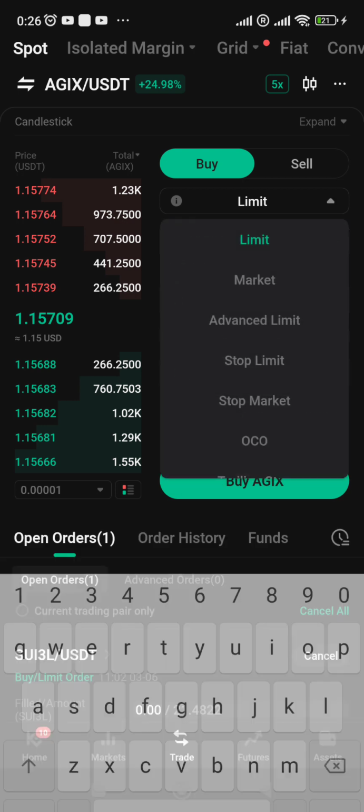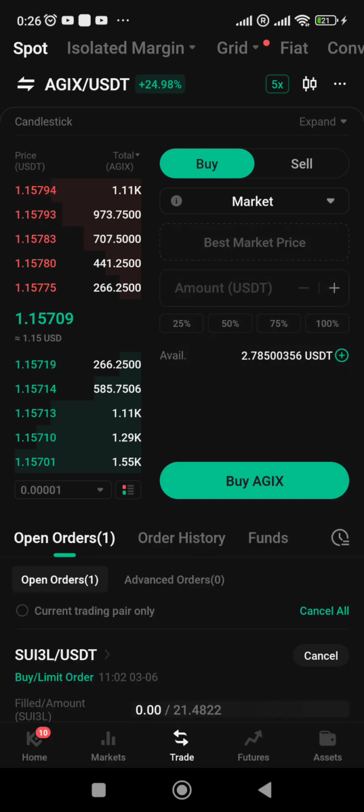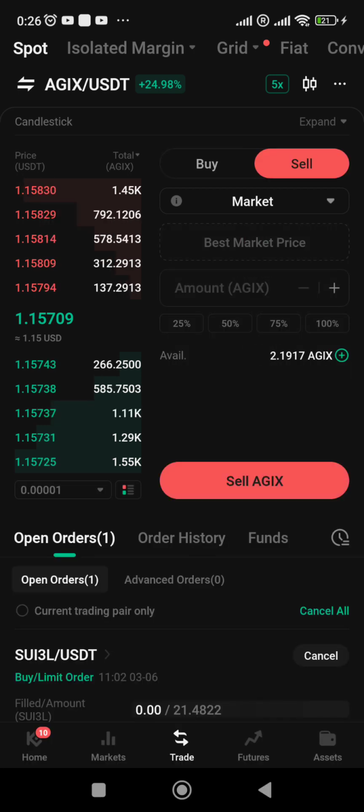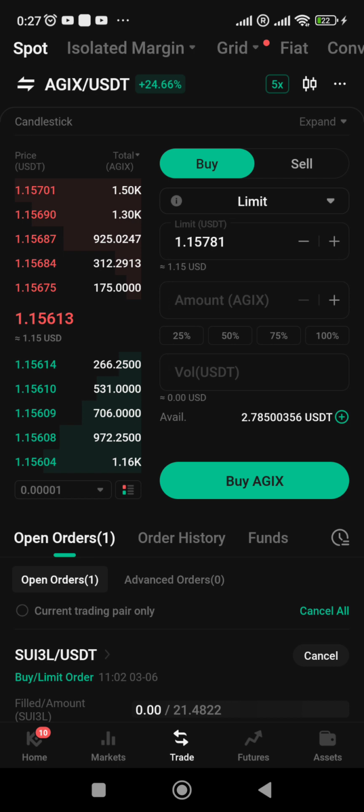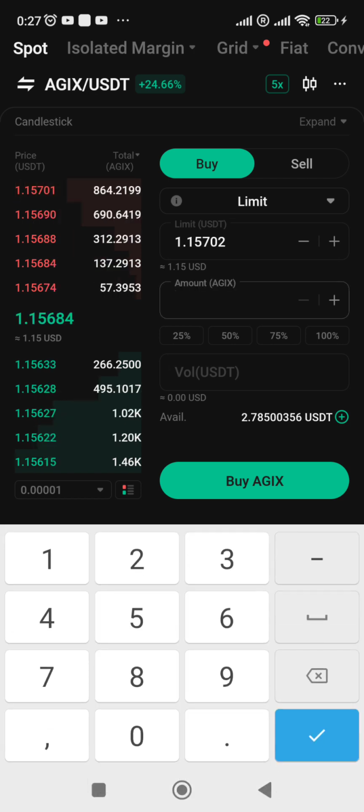But what I usually do is I just estimate. If I have 2.5 USDT of this thing and it's 2.1917 Agix, to make it up to 5, I will need at least another 2.5 USDT, maybe like 3, maybe even 3.5. And from the estimate in limit order, you need like 3 point something.